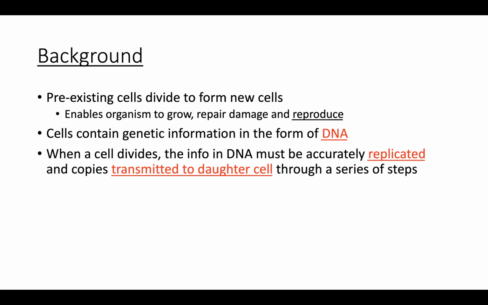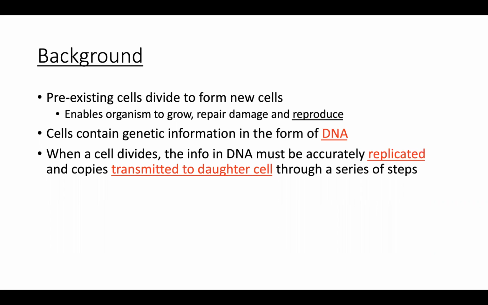We know that reproduction is a characteristic of life that we identified very early in the semester. Reproduction is necessary in order to perpetuate a species, right? So cells contain genetic information in the form of DNA. We're clear about that. So when a cell divides, the information in the DNA of that cell must be accurately replicated, and copies are going to be transmitted to the daughter cell through a series of steps.